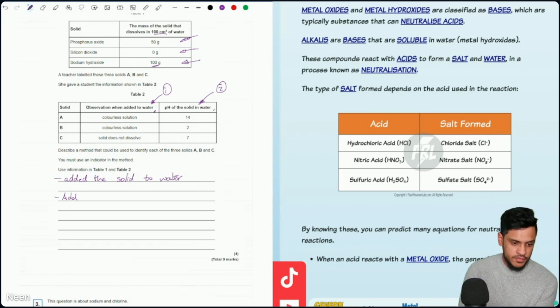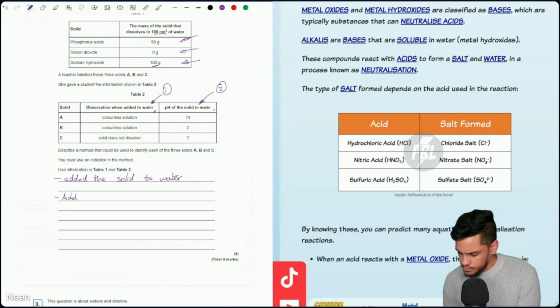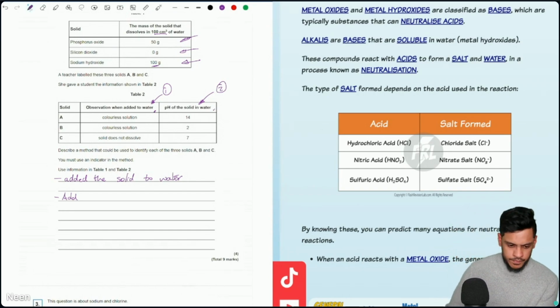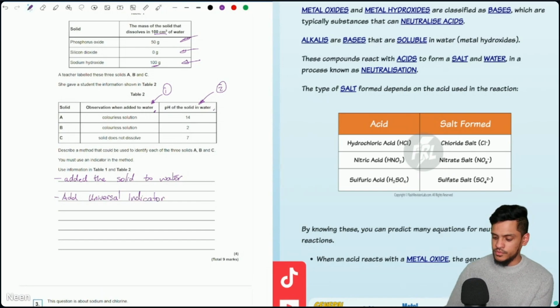Or you can use a piece of equipment. Yeah, you could say pH probe. You can use universal indicator. Yep. Any one of those is acceptable. Add universal indicator, pH probe.